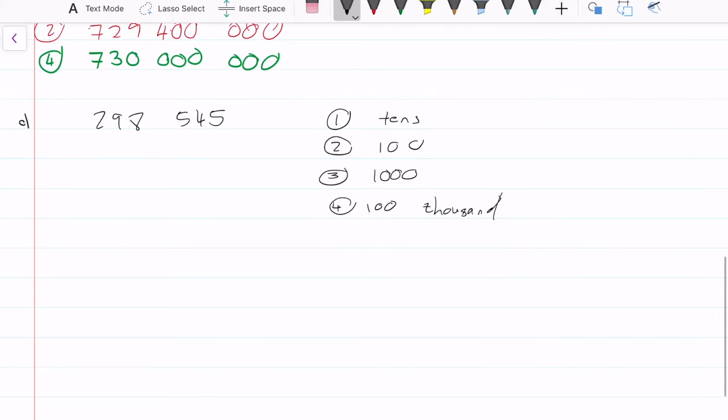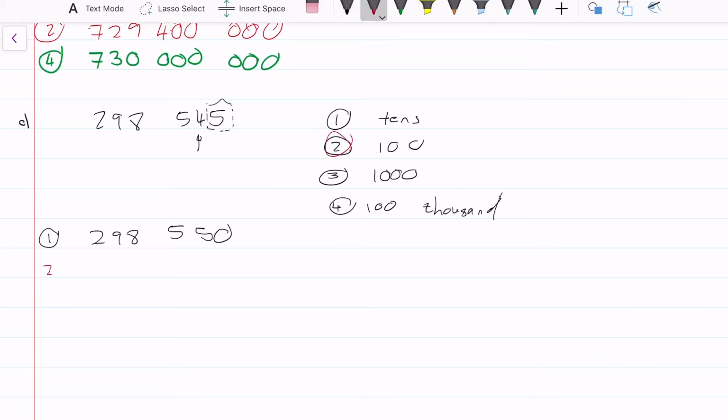Okay, so starting at the tens, this is the 10, so we look at the number before that. 5 is greater than or equal to 5, so we round up. So everything before that stays as it is, and we round the 4 to a 5.